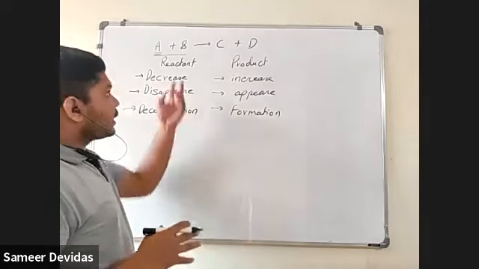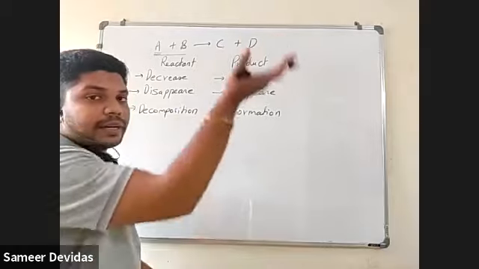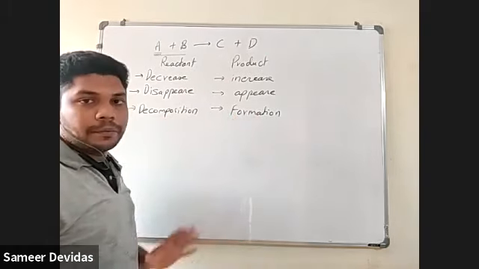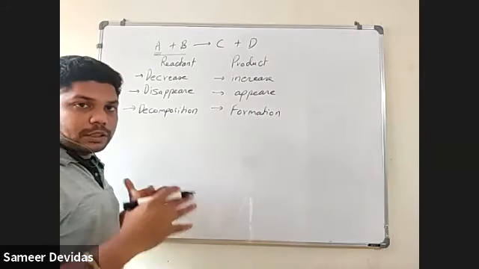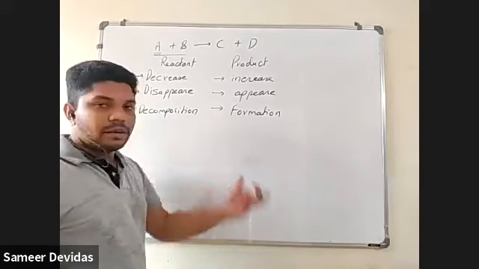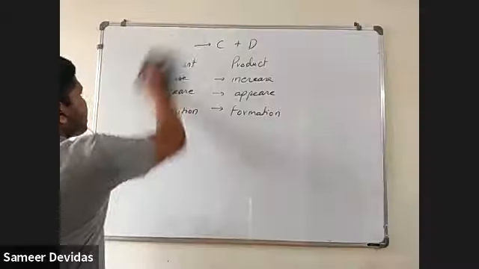So in a chemical reaction, reactant every time becomes less, and product every time increases. So these words you should remember. This is all with respect to a problem, because finally we are going to solve a problem. They will not ask this directly in the exam. Is this clear? Okay. Now we'll go to the problem.